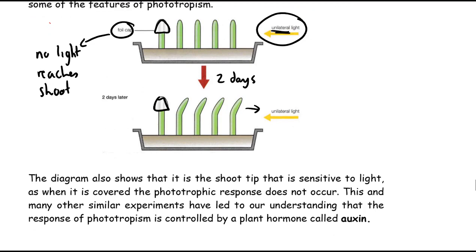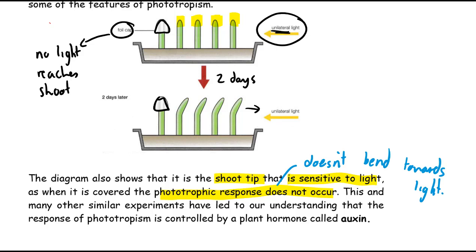So what this told scientists at the time was it shows that the shoot tip is sensitive to light. Now the tip is the bit at the very top, because when it's covered, the phototropic response does not occur, or in other words, when the tip is covered, it doesn't bend towards the light.